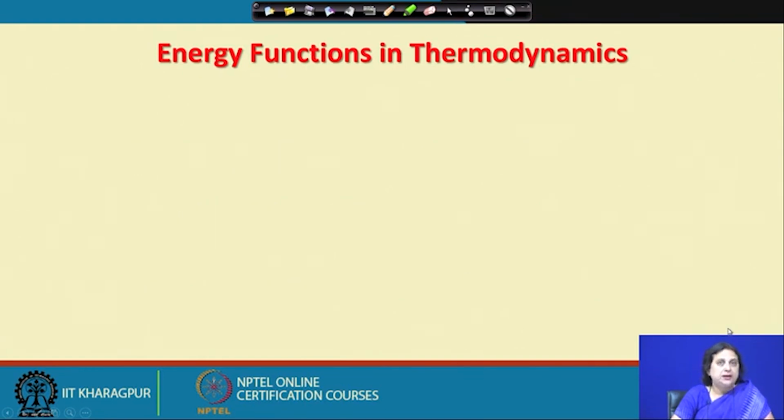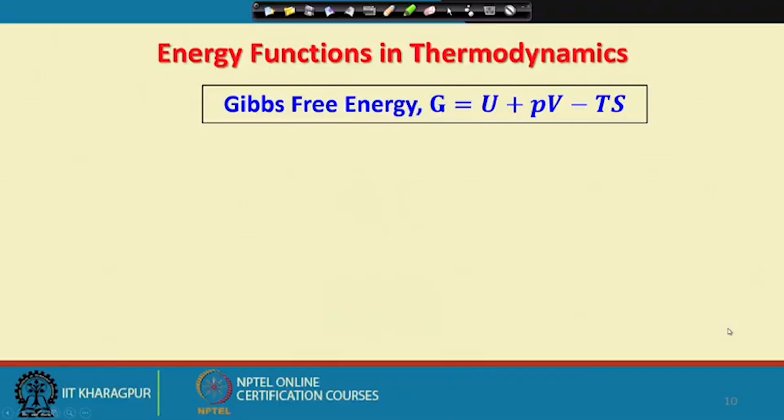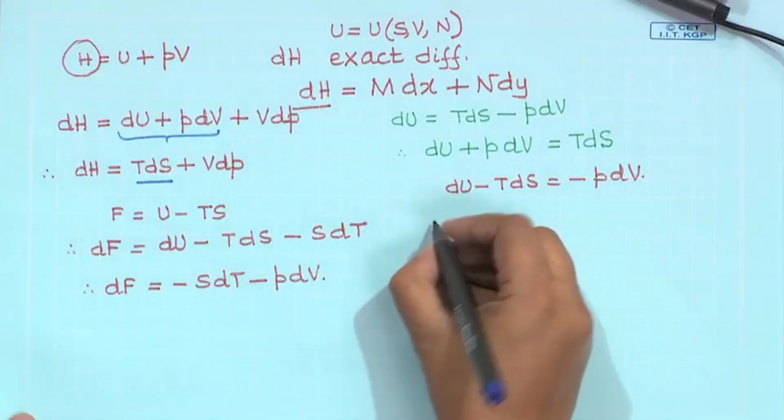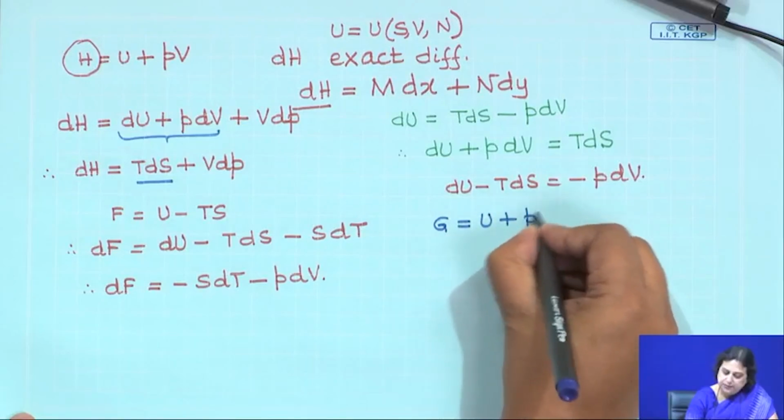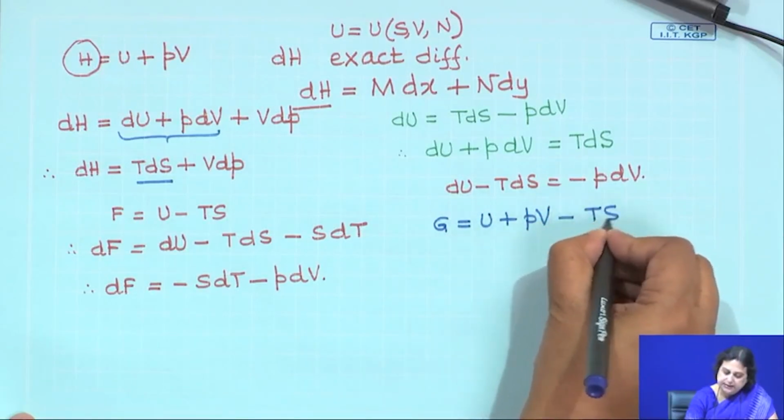The fourth energy function that we come across is the Gibbs free energy. So, how is the Gibbs free energy defined? The Gibbs free energy is defined as U plus PV minus TS. So, once again let us write it out. G is equal to U plus PV minus TS.